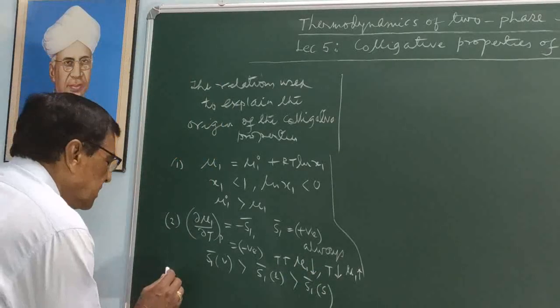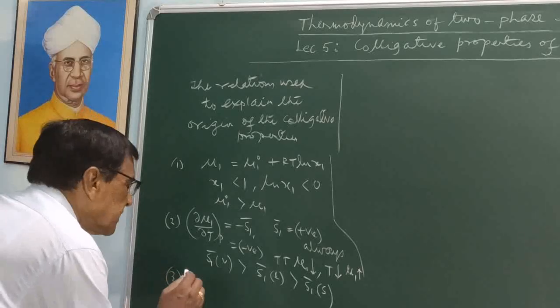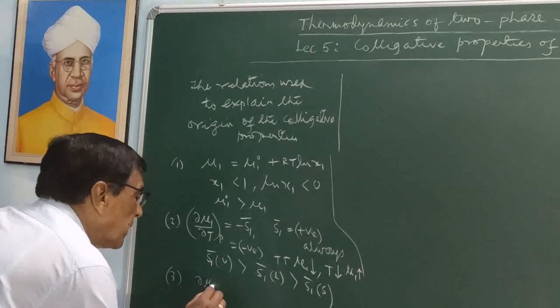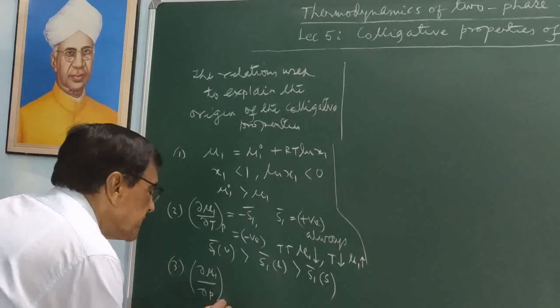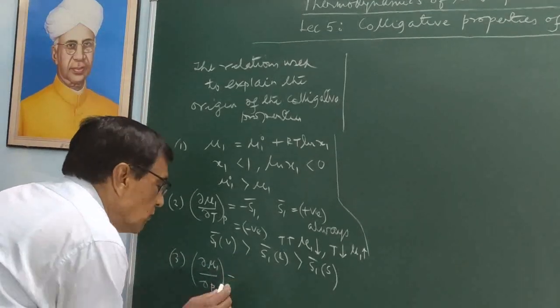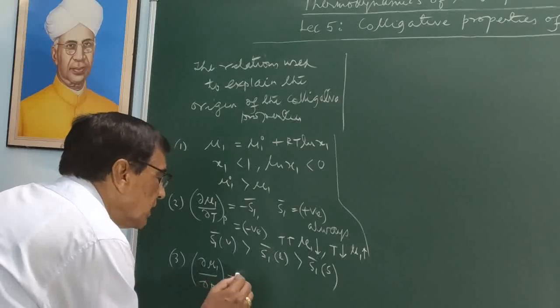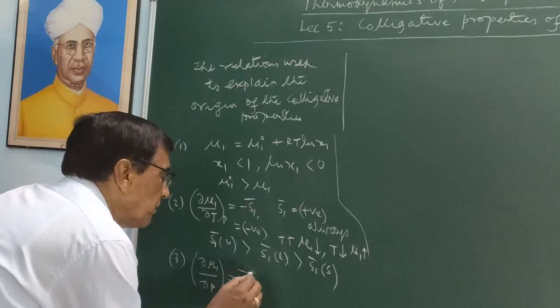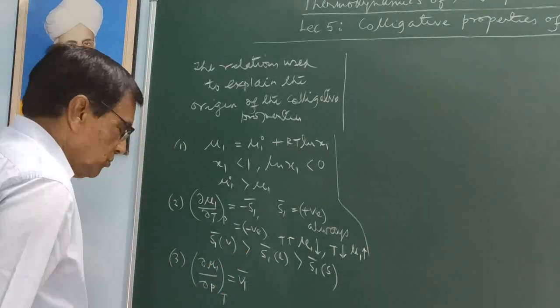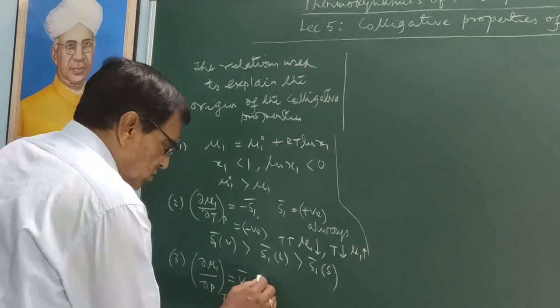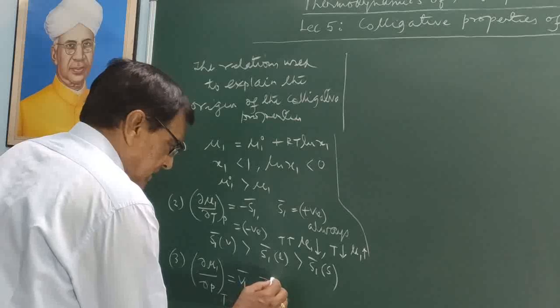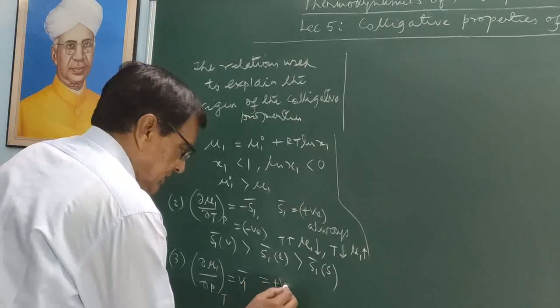And this third relation, del mu 1 by del P at a constant temperature, is equal to V1 bar, the partial molar volume of the solvent, and this V1 is always positive, so this is positive always.